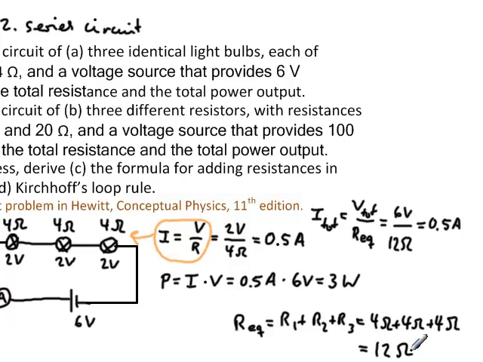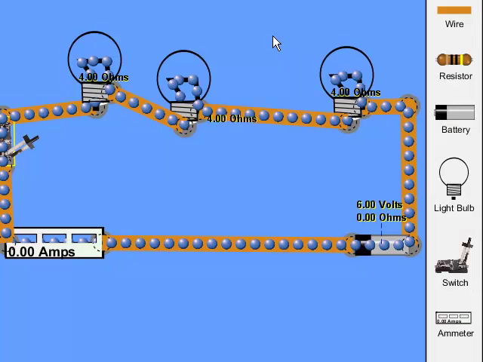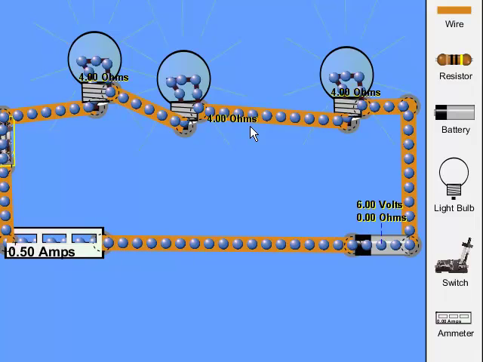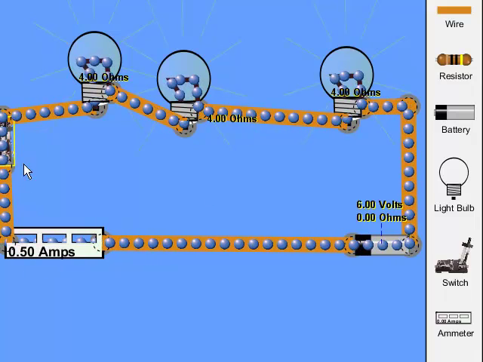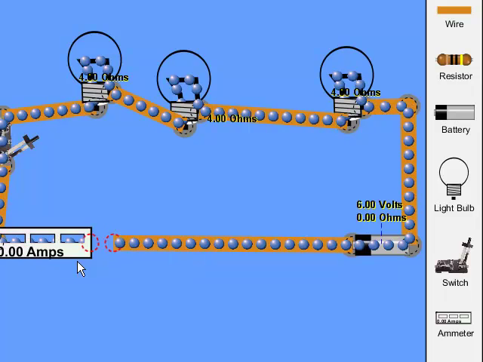Okay, let me just go back to the simulation. And it said something in the book that the current is the same going through each one of them. So let me show you that. It's 0.5 amps is the total current. And I need to split the junctions here.